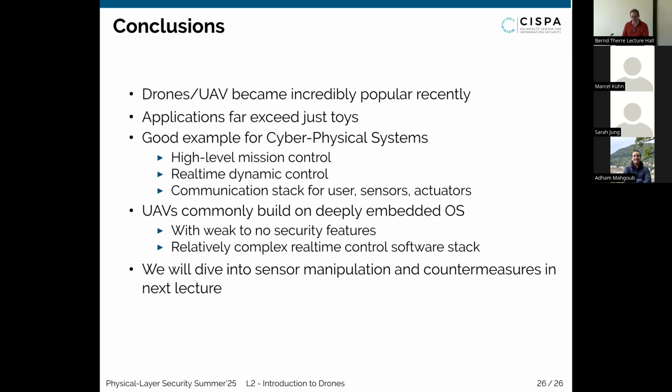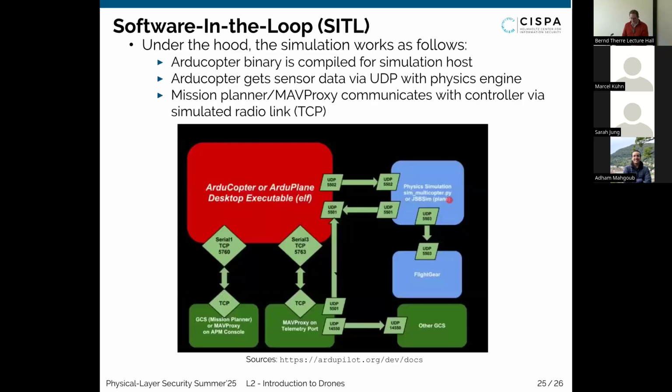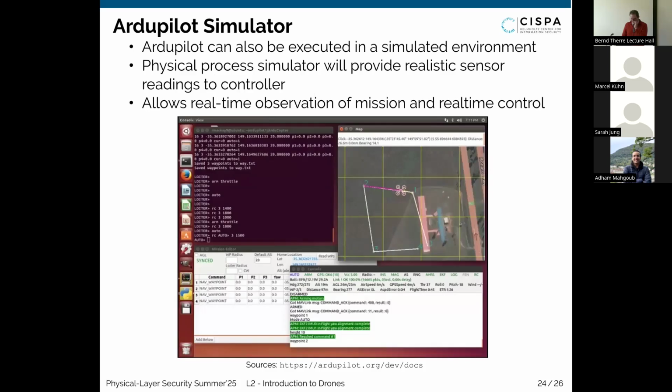Yes? Any command to stop the simulation? Like to pause or something like this? That's a good question. I don't know. Potentially, yes.